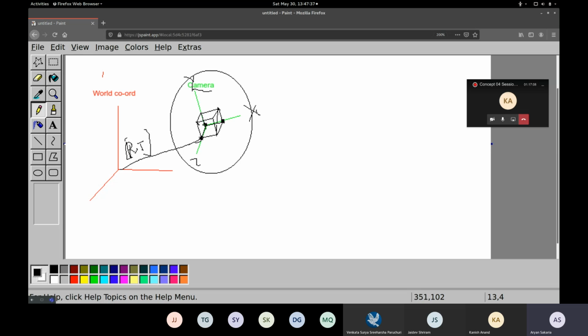What we're going to do is think of this from a graphics perspective, from a computer perspective: you initialize your camera frame and your world frame together. They're both aligned.